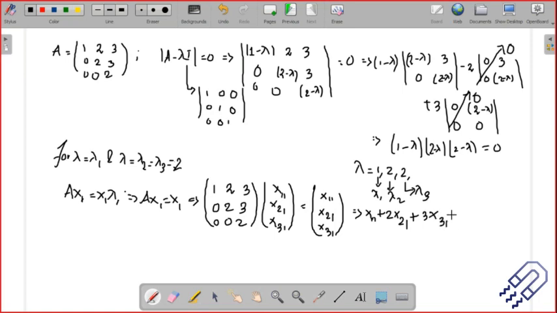So this is equal to the first element of the matrix, so it's x1. Okay, so this is 1. And then the second one, this is 0. So x11 is 0, corresponds to 0, 2x21 plus 3x31, right? This one and this one. 3x31 is equal to x3.